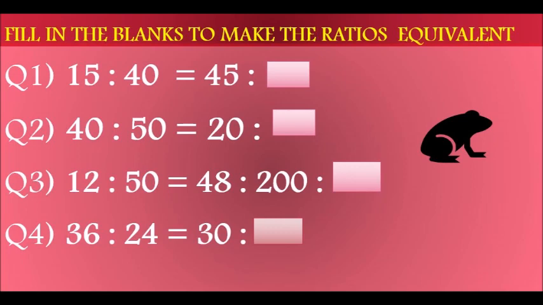Need a rough working column here. When you're doing this, you simply have to use your common sense. Multiply 15 by a number that gives you 45, and whatever number you have multiplied 15 by goes with the second figure 40. All right, children, the same is going to be done in question number 2, question number 3, and question number 4.